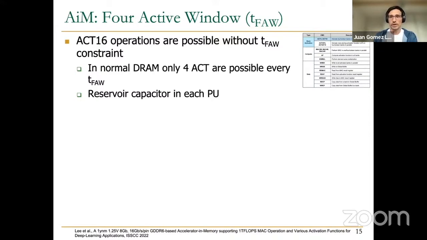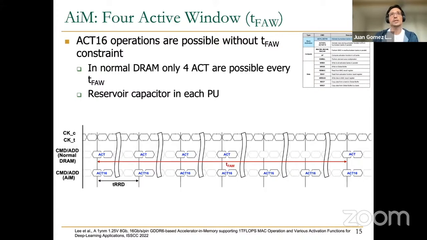What SK Hynix engineers did in order to be able to perform up to 16 activations in this time is extending the PUs with a reservoir capacitor.